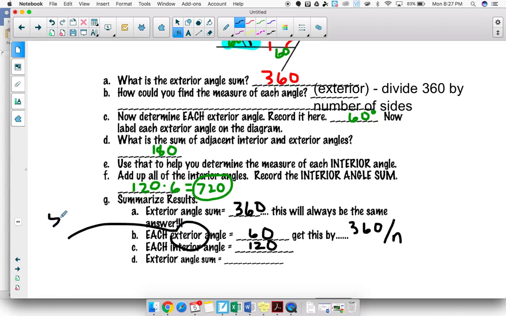I'm just going to put that here. Sup. All right. And then this should say interior, not exterior. That's why I was confused. The interior sum was 720.